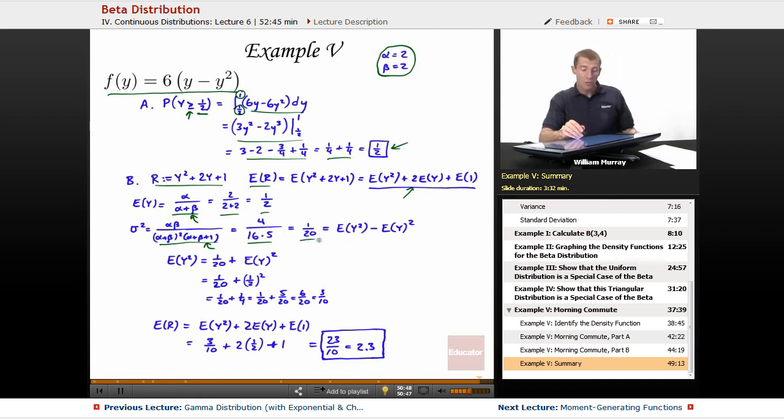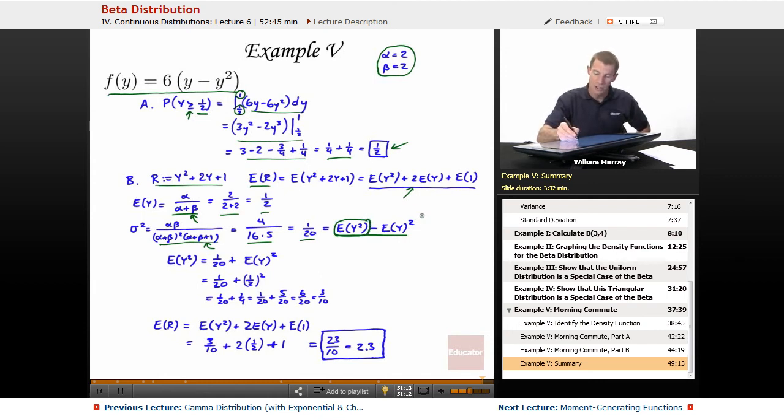However, this was the variance. It was not the expected value of y squared directly. Remember, the old way to calculate variance is to find the expected value of y squared minus the expected value of y quantity squared. So what we can do is reverse engineer this in order to solve for the term we want. The term we want is the expected value of y squared.